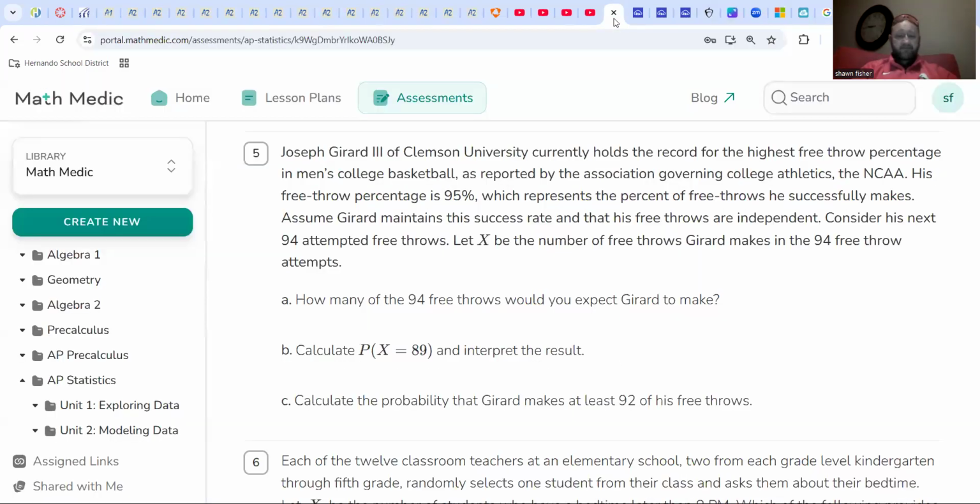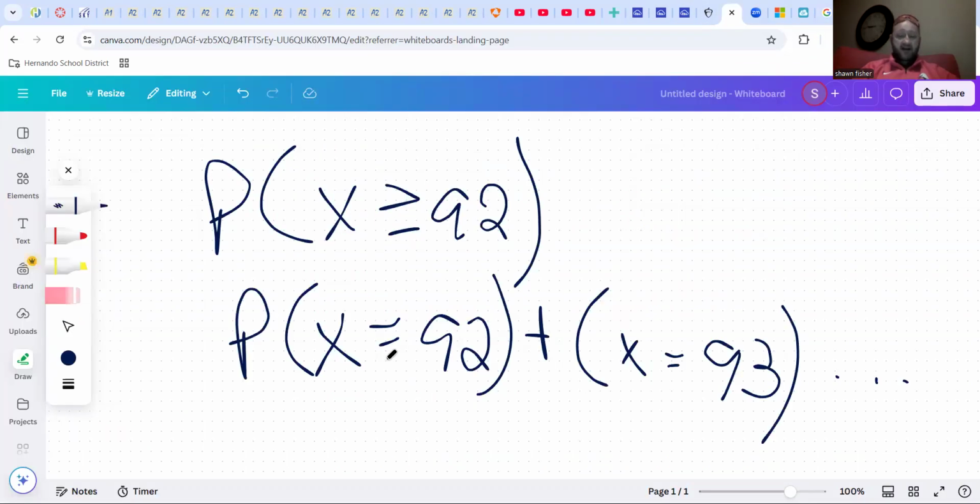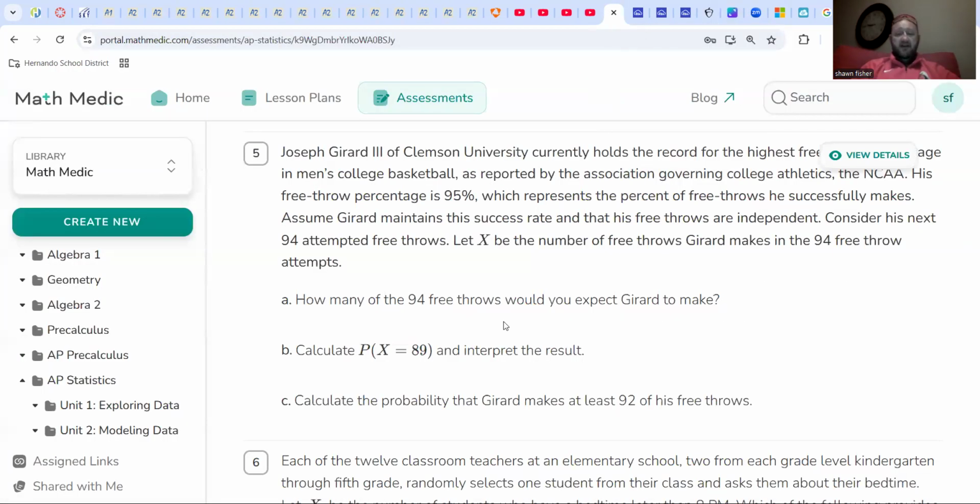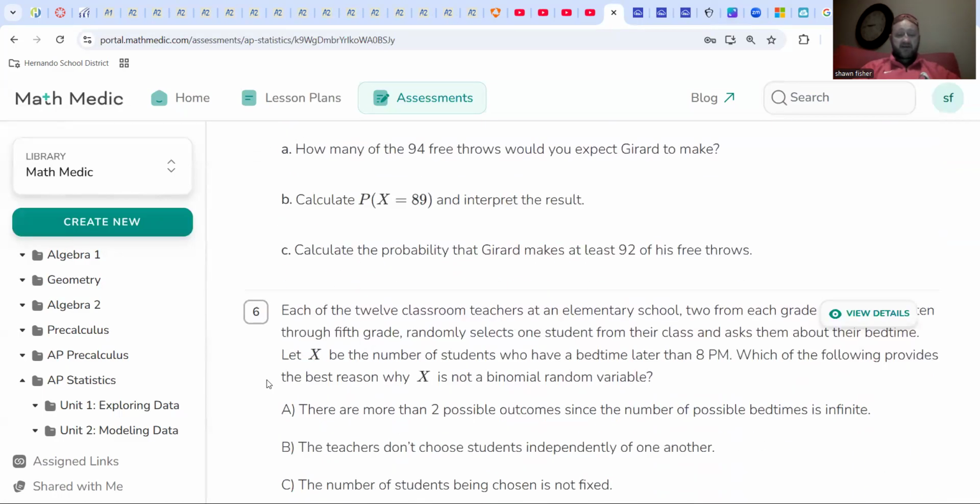We add all of those up together, and that gives us the probability of him getting greater than or equal to 92 shots. I'm going to let you guys do that one on your own. A little bit of calculation in there. I just showed you a little bit how to do it. Very good.